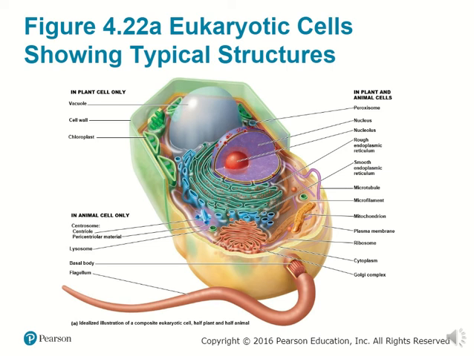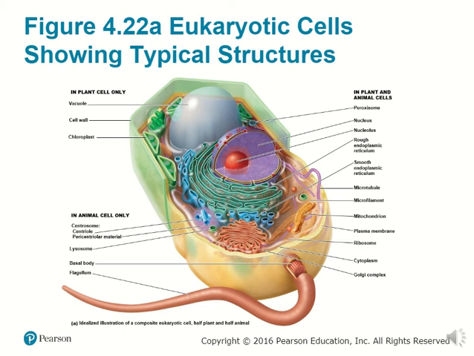Eukaryotic cells. Eukaryotic cells have very well-defined structures that have specific purposes. Now, as far as a plant cell goes, they'll have three unique structures, which is a vacuole that contains water. They will have a cell wall, and they will have chloroplasts, which are the site of photosynthesis.